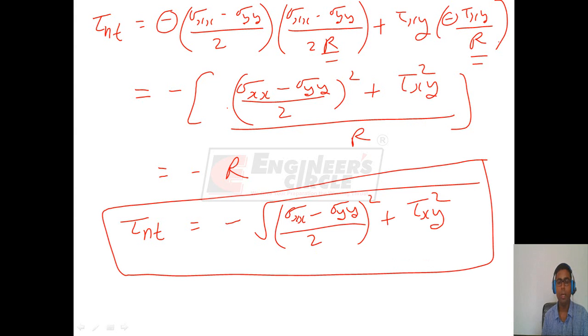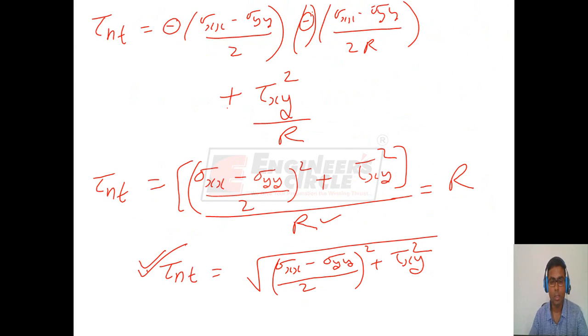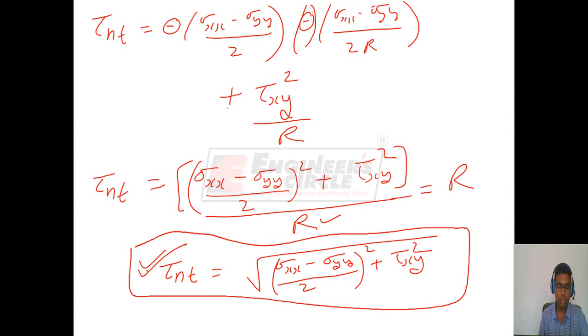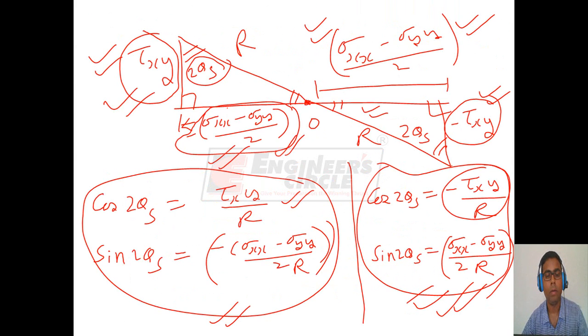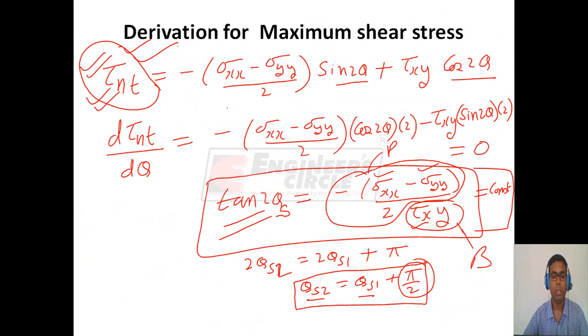Now we have got two values of shear stresses, one this with a minus sign and other this with a plus sign. Out of this, the plus one is obviously the maximum and the one with negative is minimum. So we have got the maximum and minimum values of shear stresses at a point, and the planes on which the shear stresses are maximum are given by these equations.